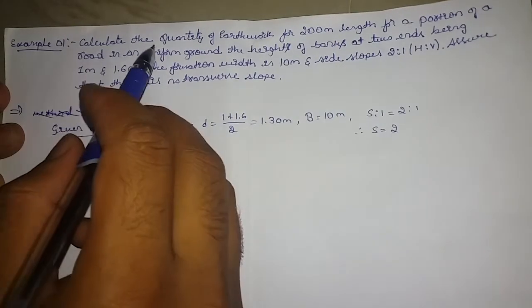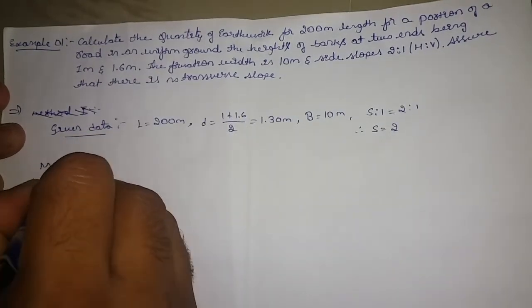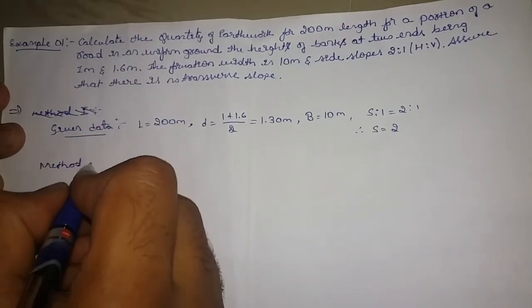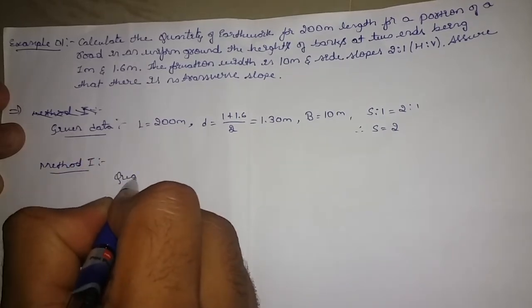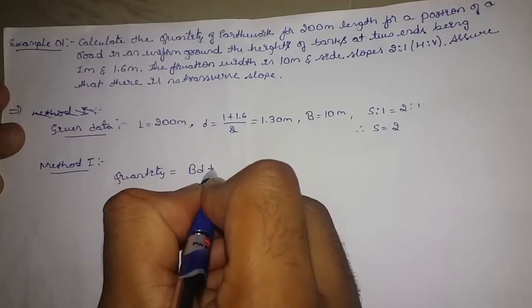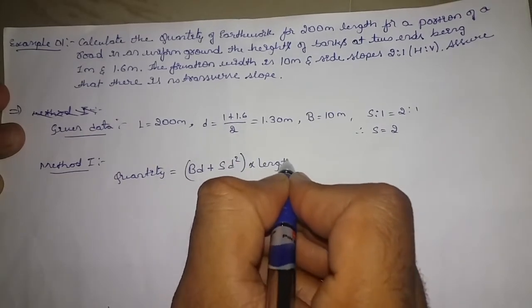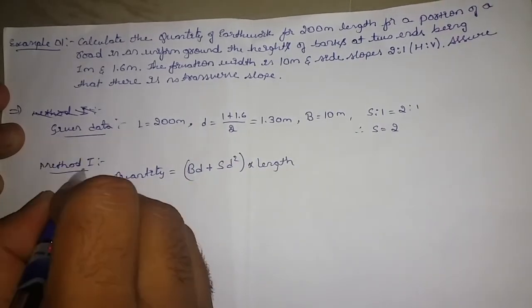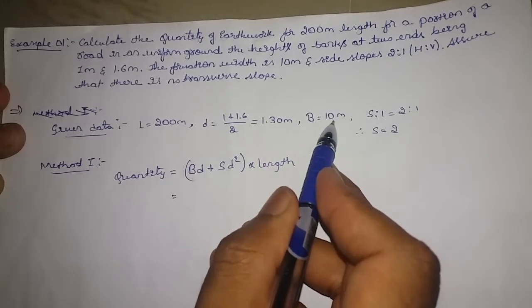Now we need to calculate the quantity of earthwork. First we follow method number one, the mid-sectional area. The formula is quantity is equal to (B + S·D) · D · length. This is the formula for method number one. B is 10 meter, taken from the given data.